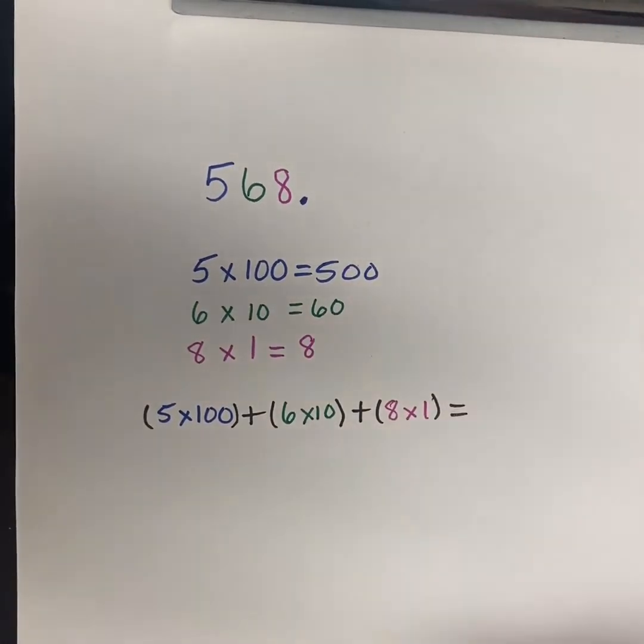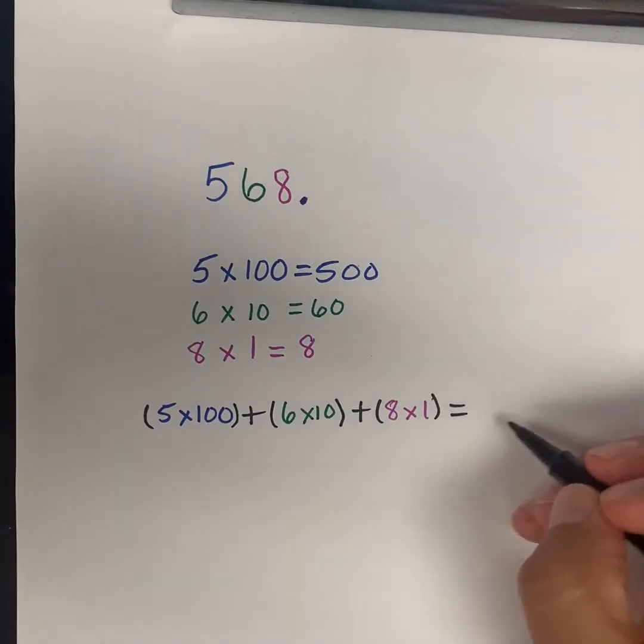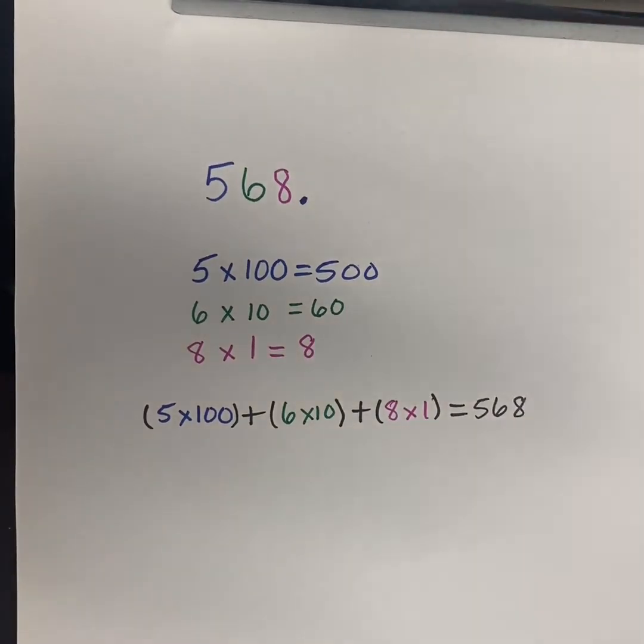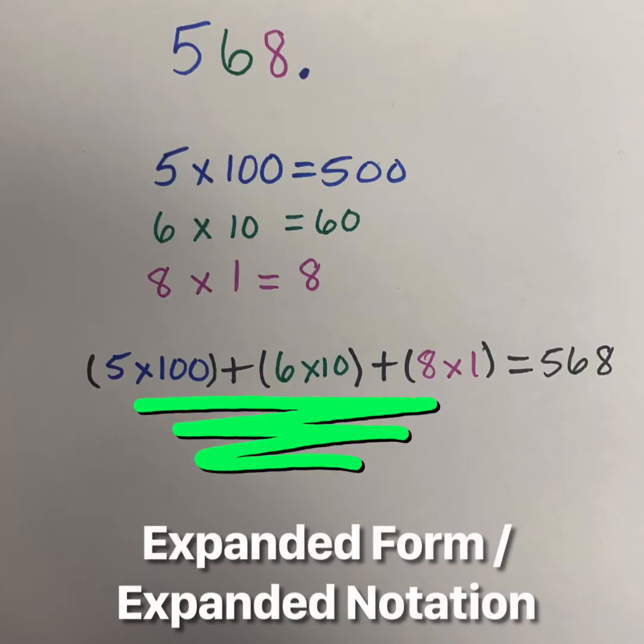And if we were to add this together, we would have the same number that we started with. We're just writing it in a different way. So it would be 568. So if your teacher had asked you to write 568 in expanded form or expanded notation, underlined in green here would be what you would need to have down on your paper.